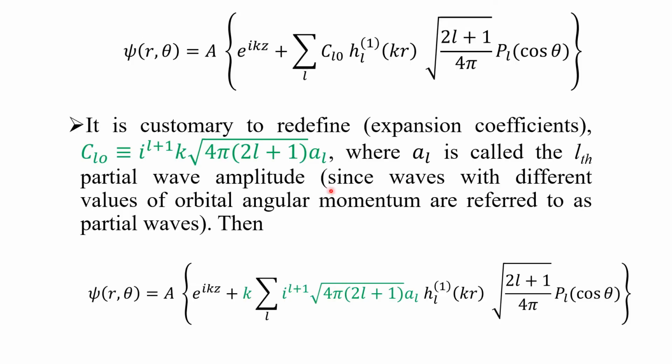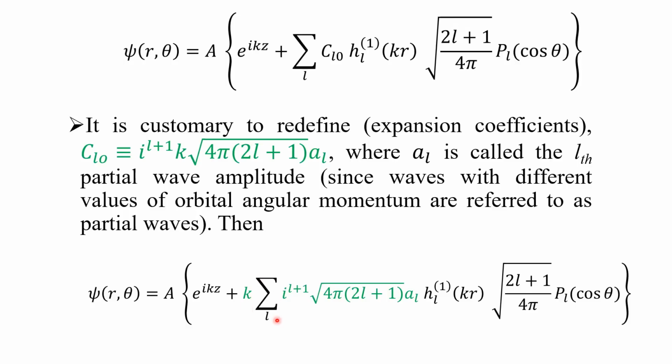Waves with different values of the orbital angular momentum are referred to as partial waves. This is the key parameter, which is why we call this partial wave analysis. So you replace C_l0 by this term, and k I have taken out of the summation.